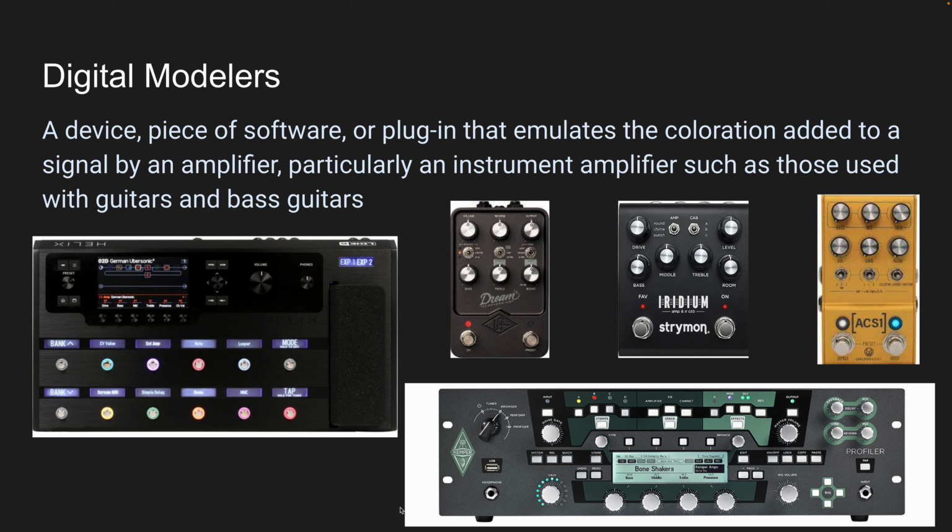So, as you'll see, the Line 6 Helix is probably the most popular one right now. That's kind of a floor unit that you can run guitar or bass through, and it does all your amplifier modeling, but it also does effects modeling.